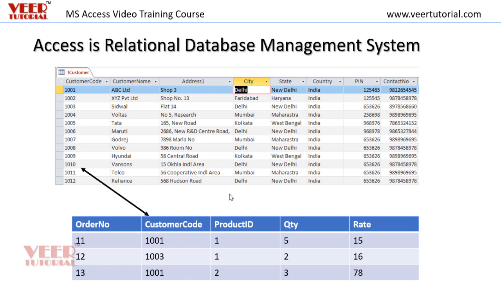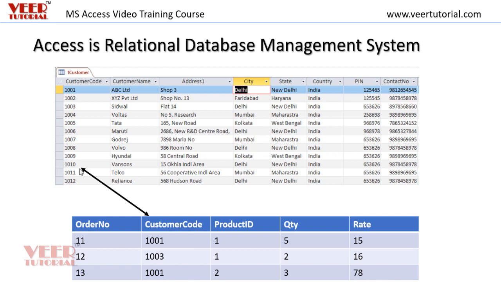So we can connect using the parent and child, or primary key and foreign key relationship. We will assign the relationship between these two tables. In this case, the customer table would be the parent and the order table would be the child with the foreign key.